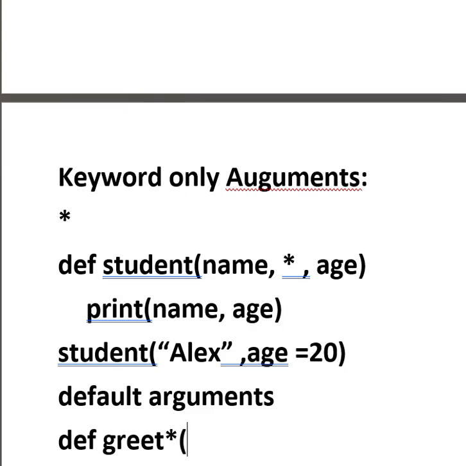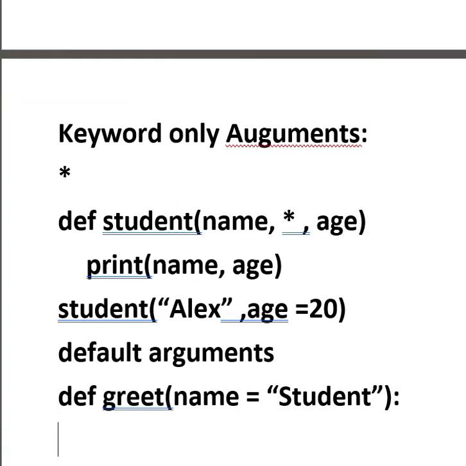I'm taking a parameter name equal to student. I'm going to print it: print hello, comma, name.